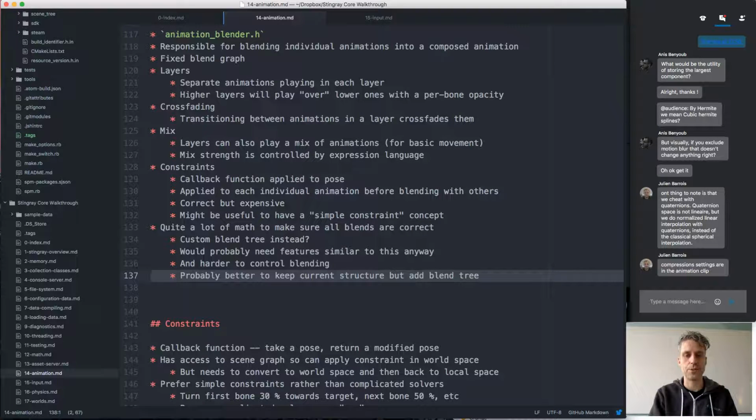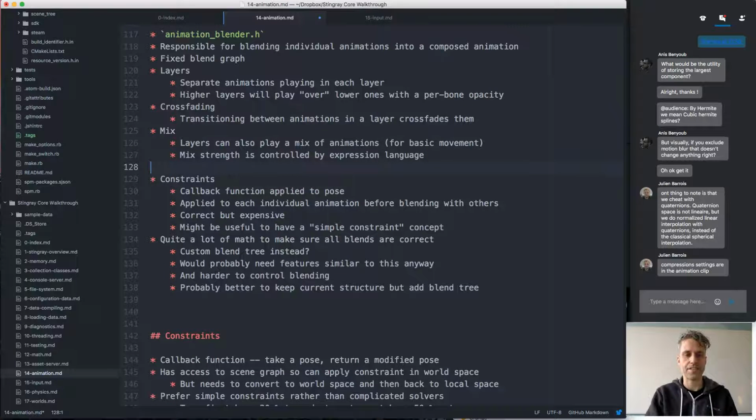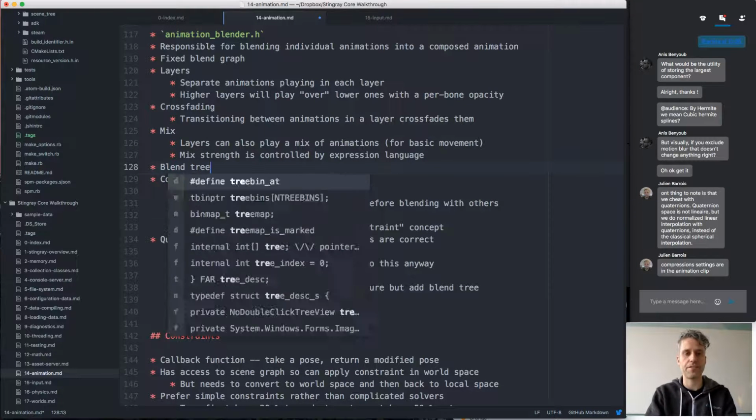What I would like to do to add a bit more flexibility is to be able to add blend tree states into the kinds of animations that this thing can support. So in addition to regular animations and these mix animations, there would be an extra thing, which would be a blend tree animation.